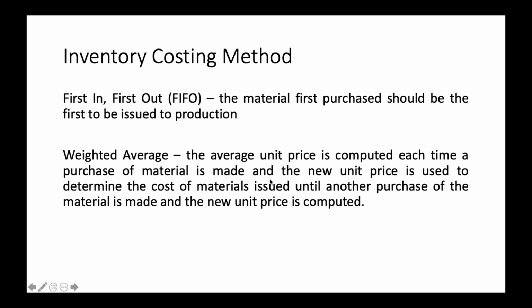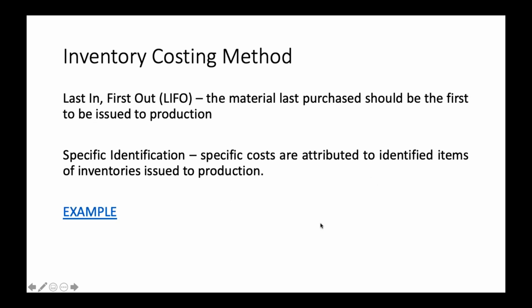Weighted average is the average unit price computed each time a purchase of materials is made, and the new unit price is used to determine the cost of materials issued to the production. Last in, first out, or LIFO, the materials last purchased should be the first to be issued to production. And then we have specific identification. That is, cost is assigned on a particular product.